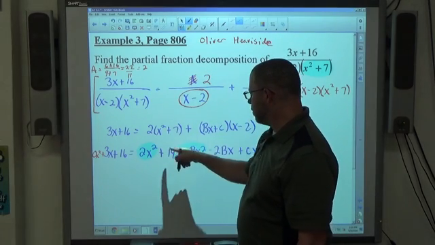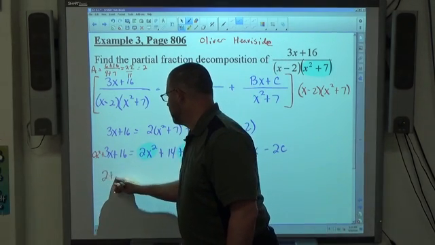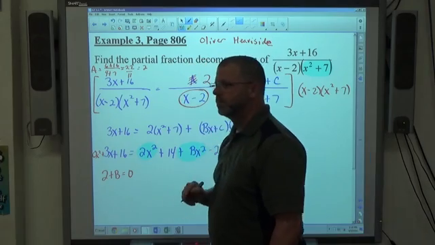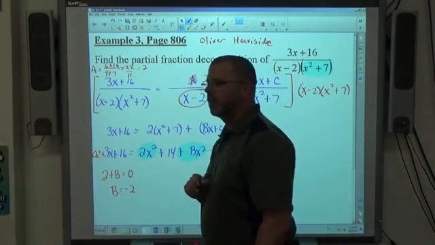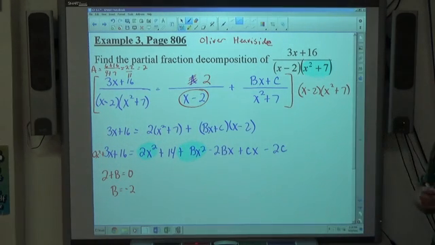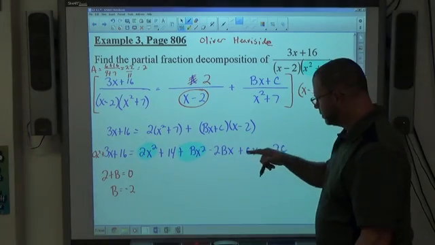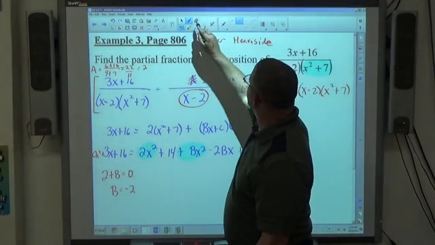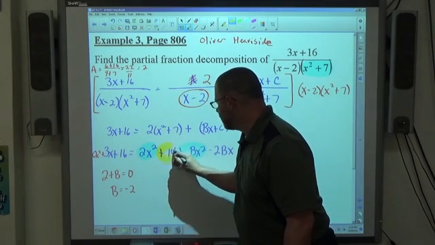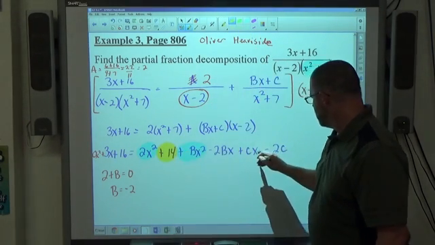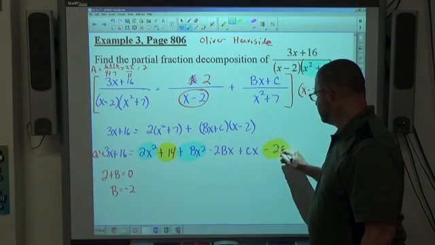So I know that 2 plus b has to equal 0. So I can figure out very easily that b is equal to negative 2. So sometimes you don't have to get a system of equations, you can just find things as you go along. B equals negative 2 is pretty simple there. If I keep looking for things that match up, 14 is a constant, negative 2c is a constant.